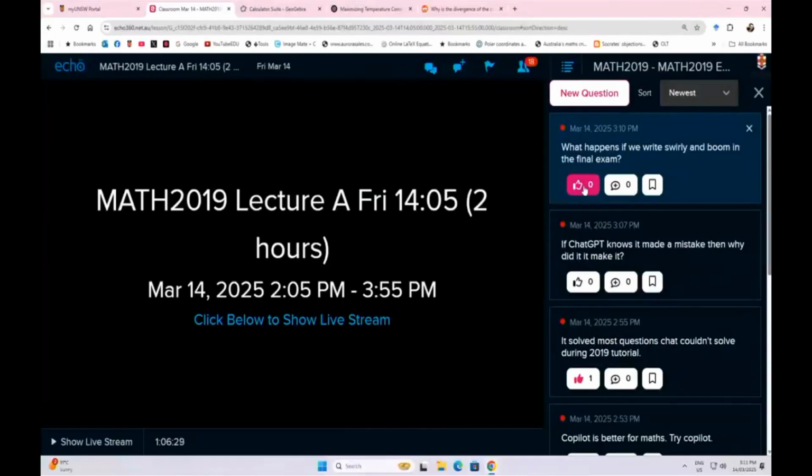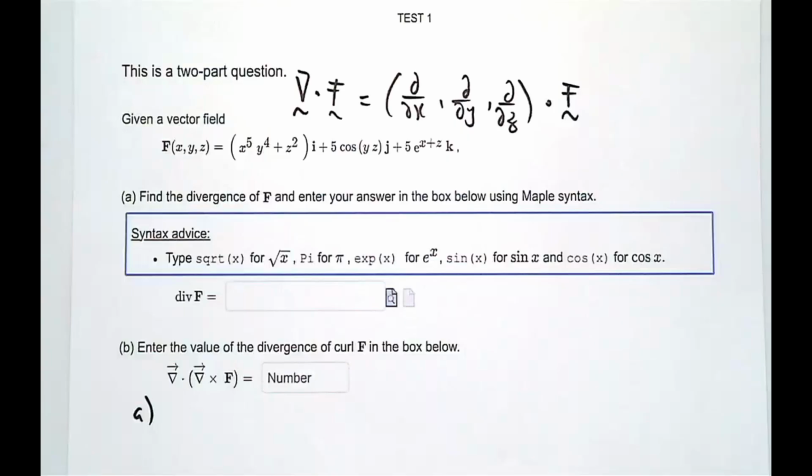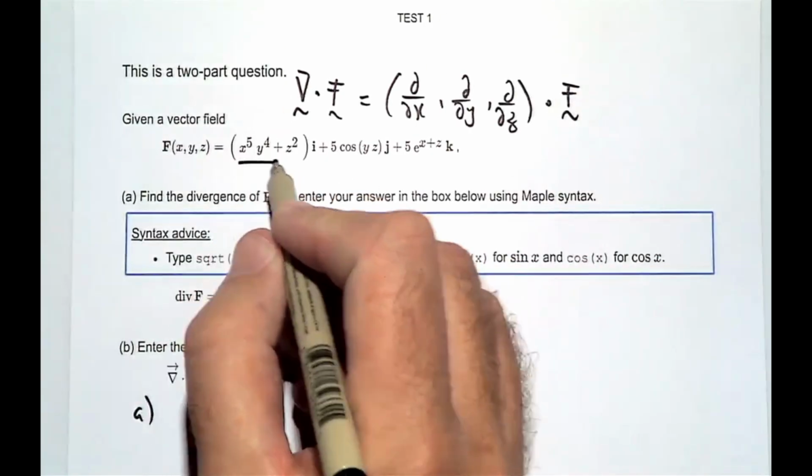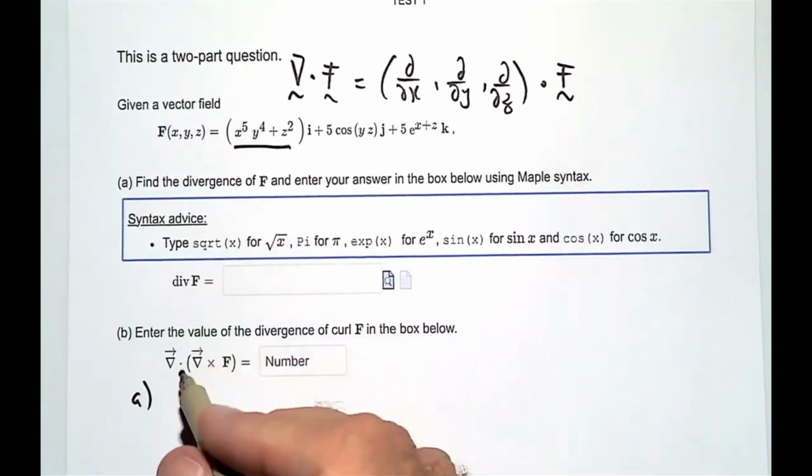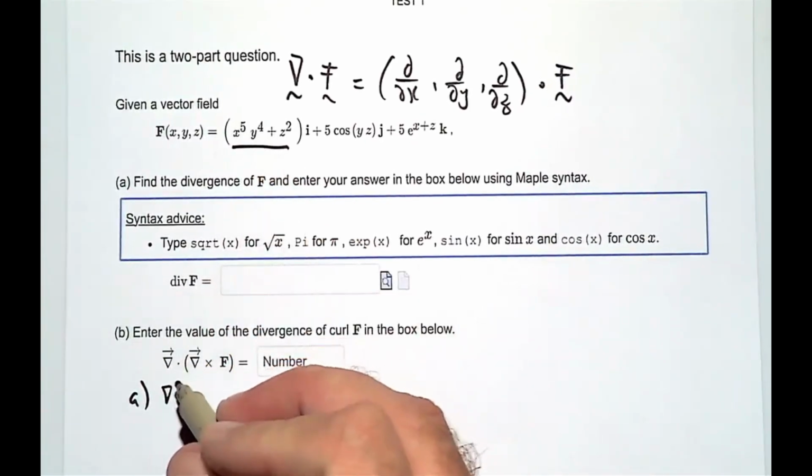All right, so let's look at the divergence first. So, d/dx of the first component plus d/dy of the second component plus d/dz of the third component. So, we want to differentiate that with respect to x, right?